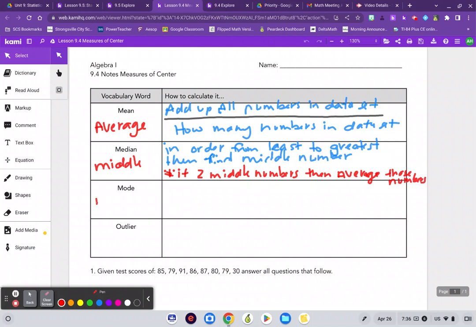The mode is the number that occurs the most often. Okay, and so really I'm just going to write the same thing here, value that occurs most often.